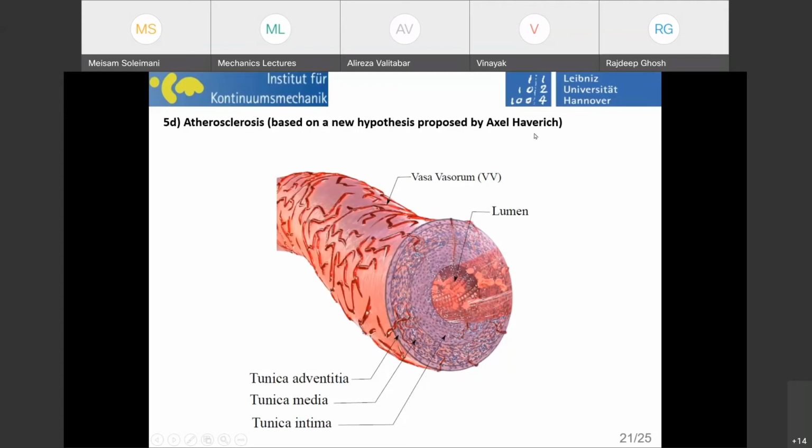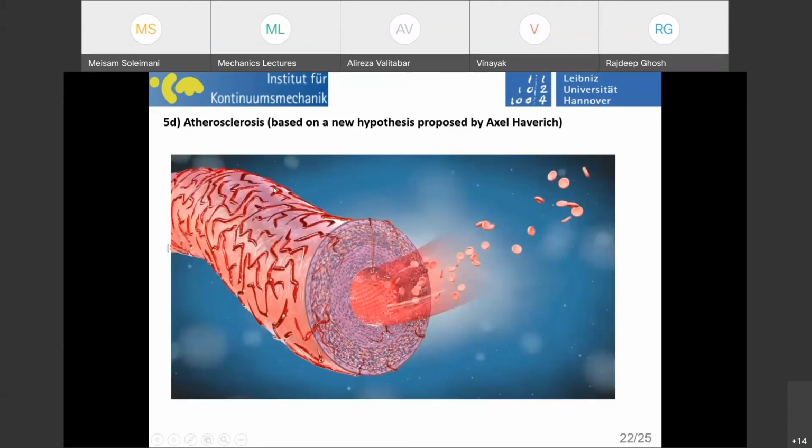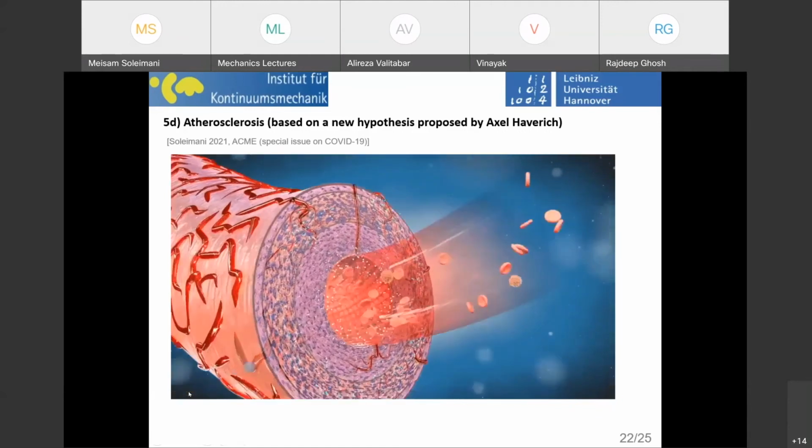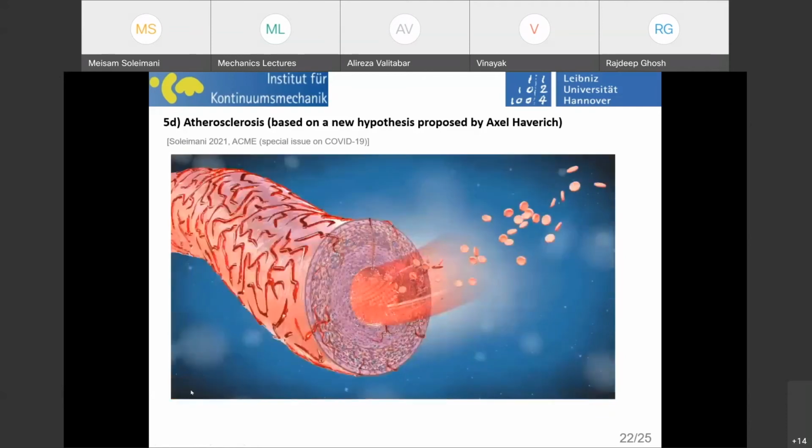And then Axel Havrich, who is a surgeon in Germany, proposed a new idea about this pathology, this atherosclerosis. What he said is that the formation of this bulge within the wall is due to the reason that I will explain.